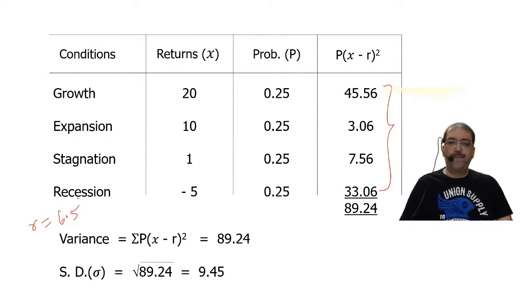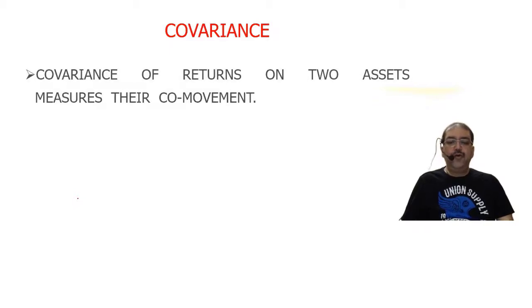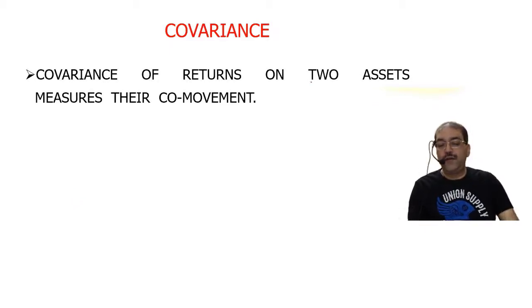Okay? Done? Let us now come to covariance. Covariance, slightly you will have to understand. First, I will give you the explanation, then we will see what is the formula for that. In simple terms, covariance of returns on two assets. Now we are talking about not one asset, but two assets simultaneously.